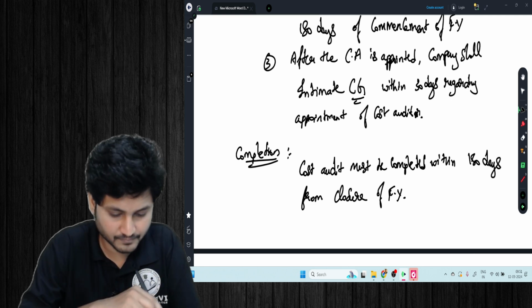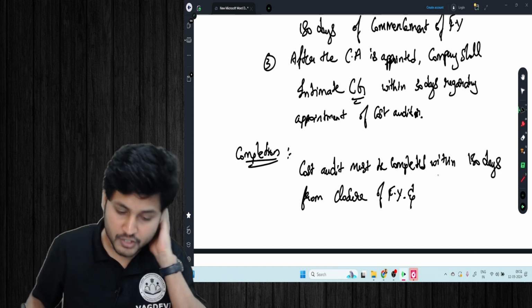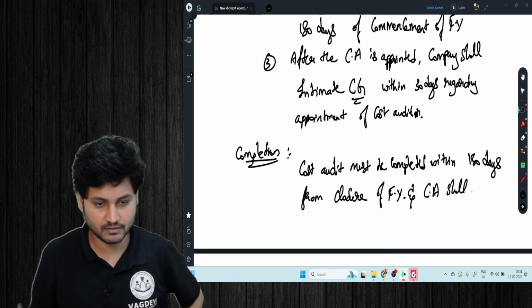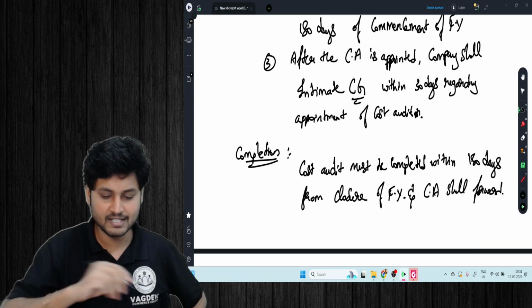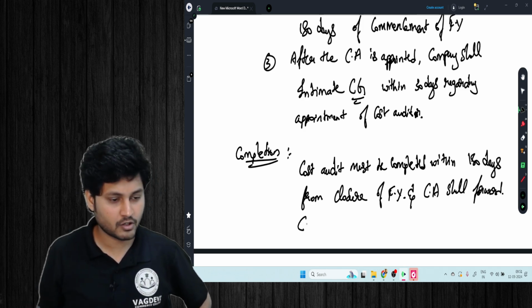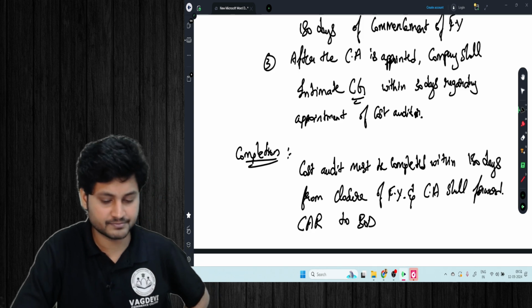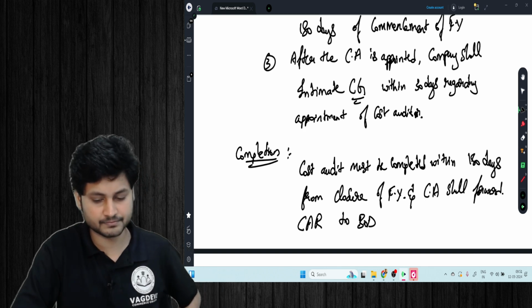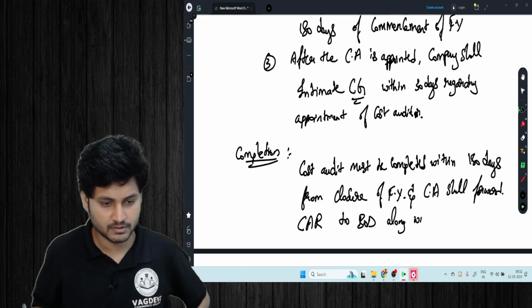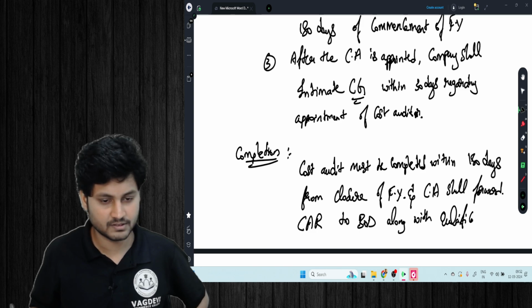And cost auditor shall forward cost audit report to board of directors along with qualifications and reservations.